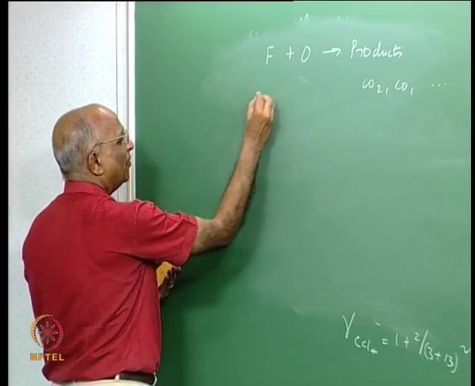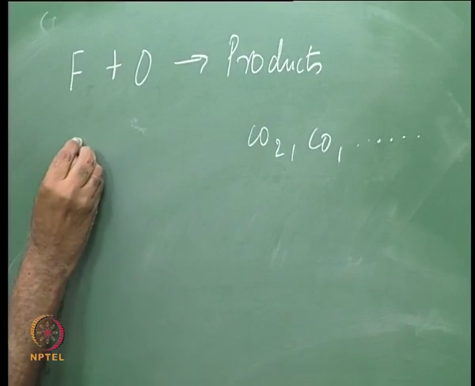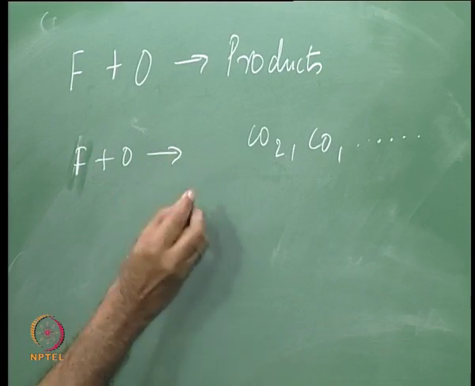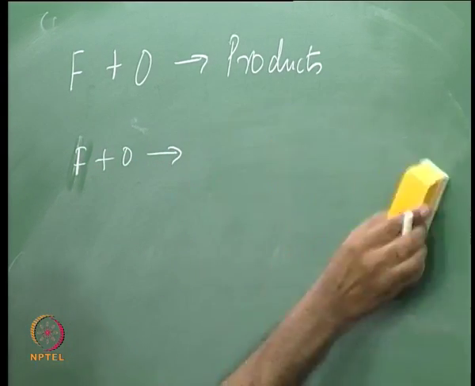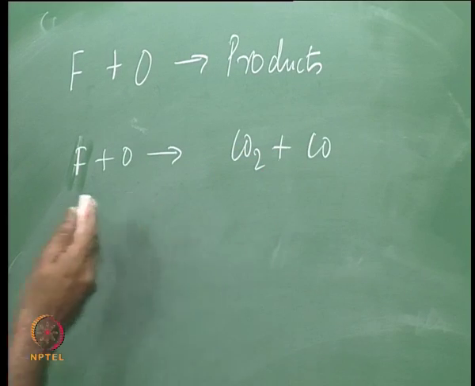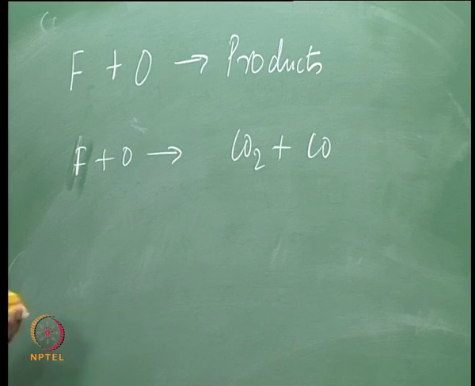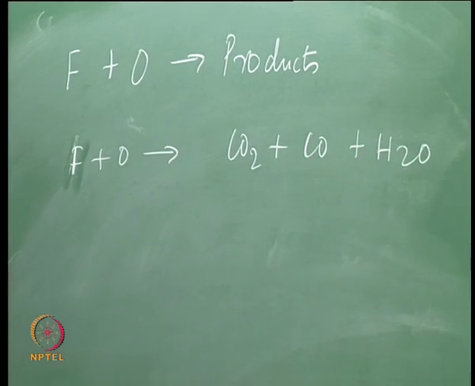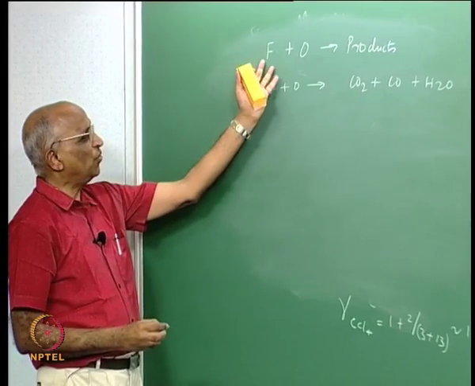Therefore my chemical reaction is fuel plus oxygen gives me, let us say, CO2 plus CO. I am not bothered, maybe the fuel contains hydrogen also, therefore maybe H2O also. The composition of the fuel is known.